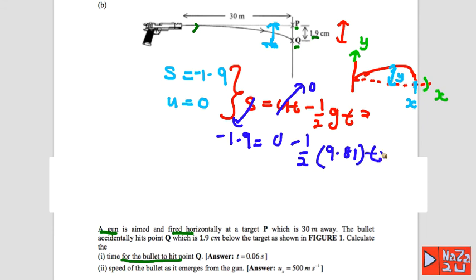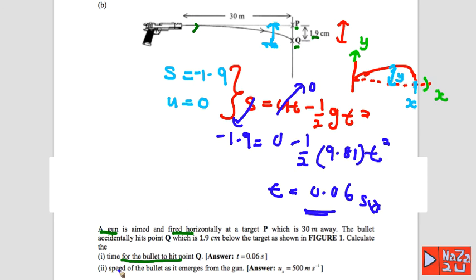The question asks you to calculate the time t, and you can use the positive value, 0.06 second. So this is the time taken for the bullet to hit point Q.